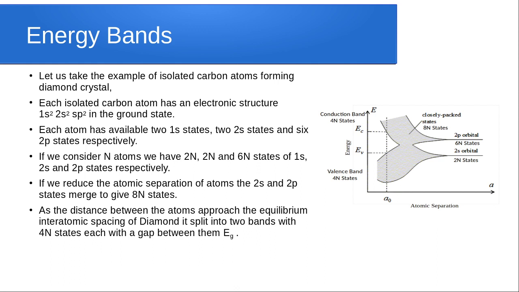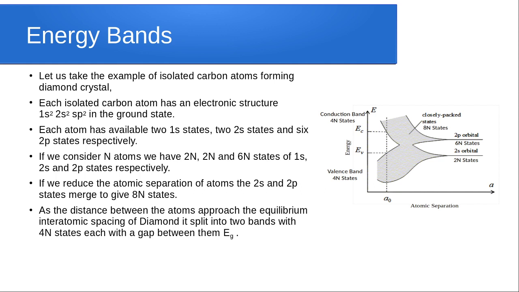Now, this is the case of individual atoms. In order to make diamond crystals, we bring these atoms closer. As the atomic separations are reduced, the 2s and 2p states merge to give 8n states.